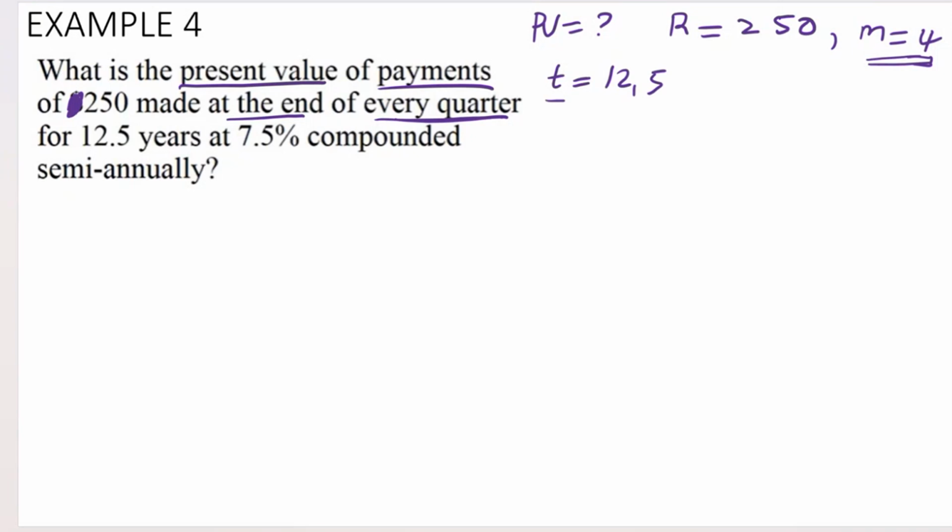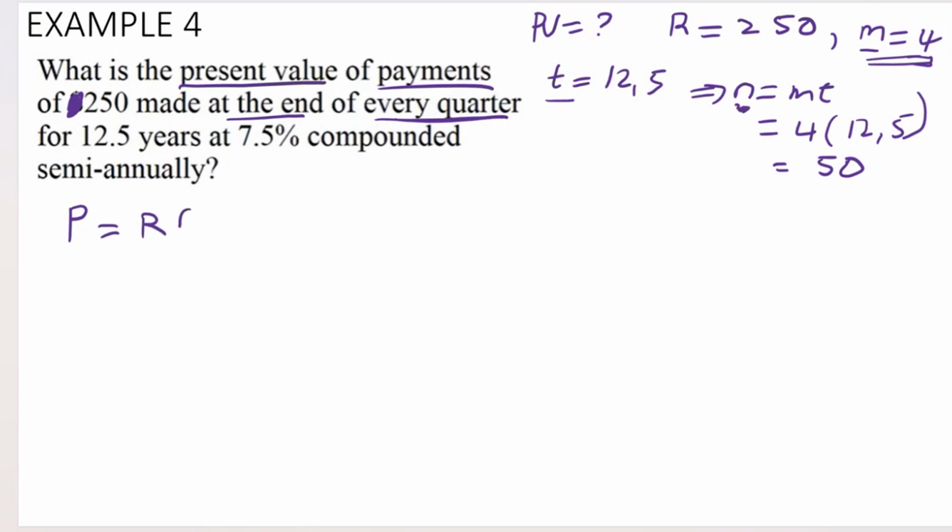This implies that your N is equal to MT, so 4 multiplied by 12.5, which is equal to 50. So you are done with your N because that's what you need for your present value. Remember the formula for your present value, P is equal to R times A sub n at i.